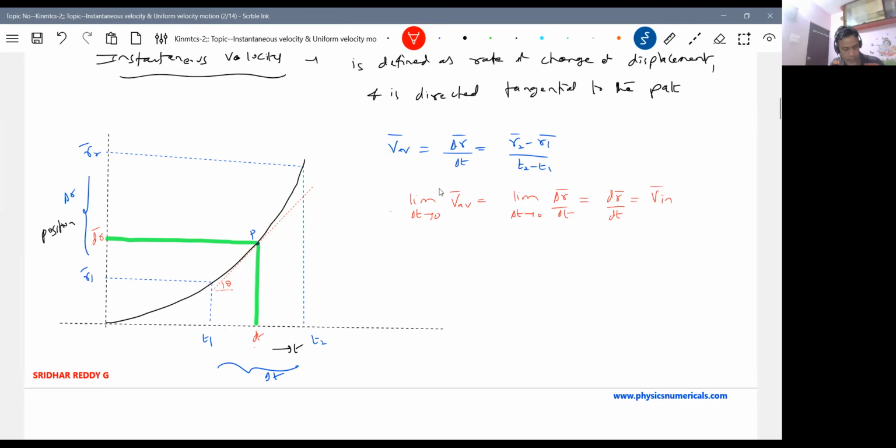The slope of the tangent drawn in the r-t graph at any instant gives the velocity at that instant, or instantaneous velocity.